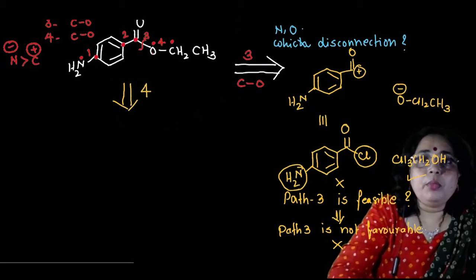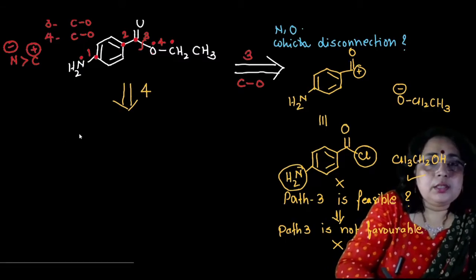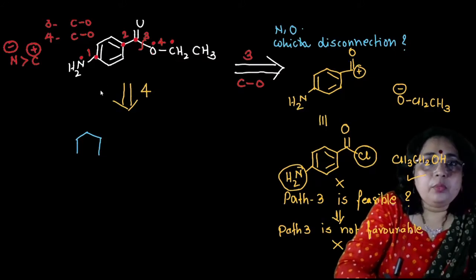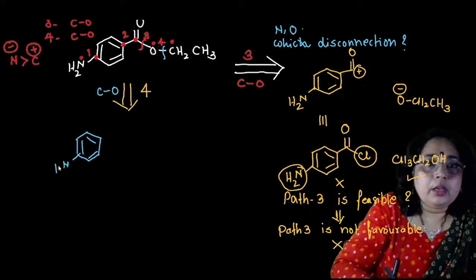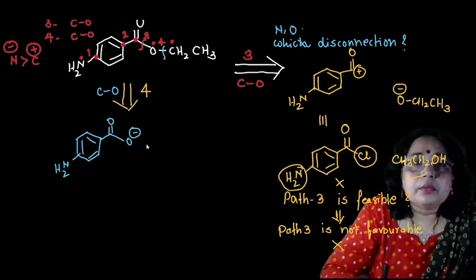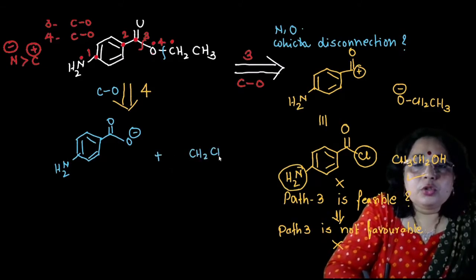Now, let us see what synthons are obtained over here. Let me draw these synthons. Here also I am going to disconnect the C–O bond, this disconnection is operable over here. NH2 plus CH2CH3.